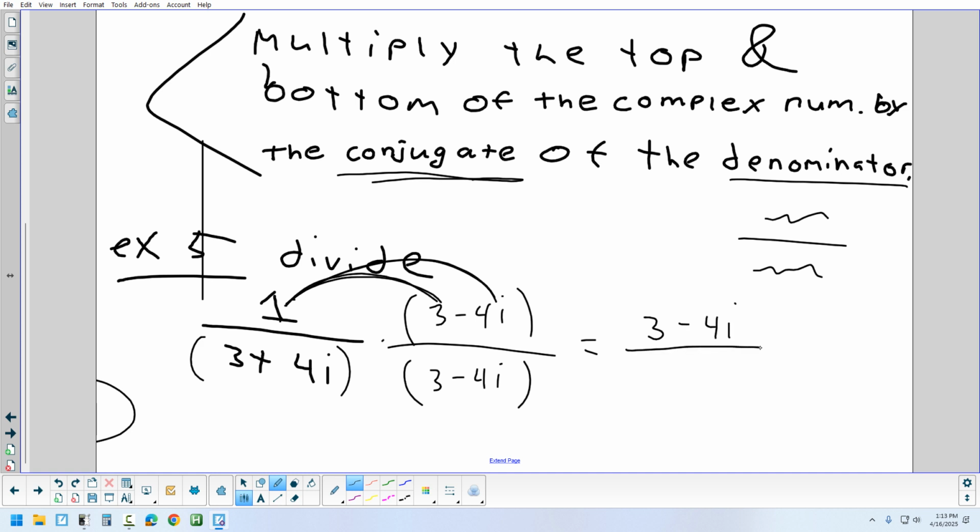When you multiply, you don't do it like terms. That's only adding and subtracting. And because it's a 1, in this case, it doesn't actually change anything. But if it was a 2, it would be 2 times 3 is 6, and 2 times negative 4 is negative 8. Okay, now let's do out the bottom.